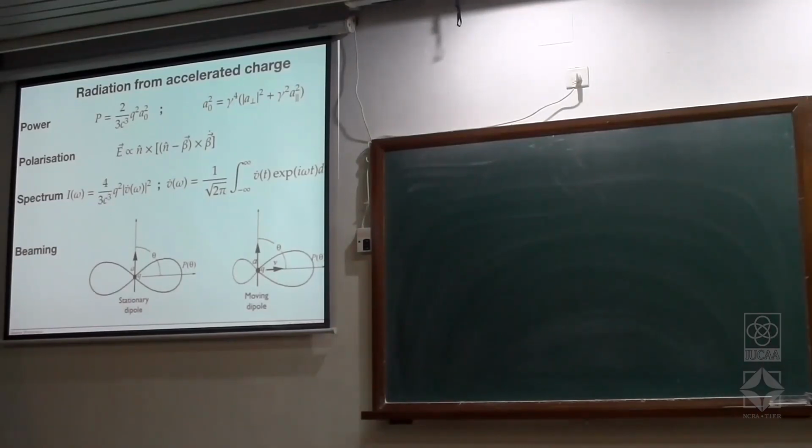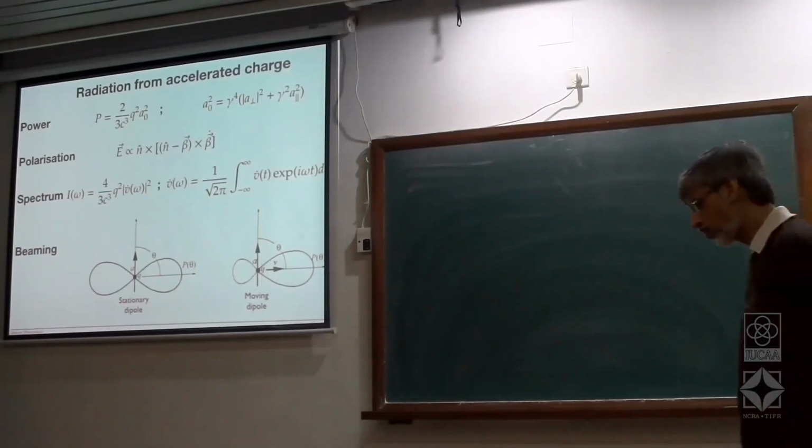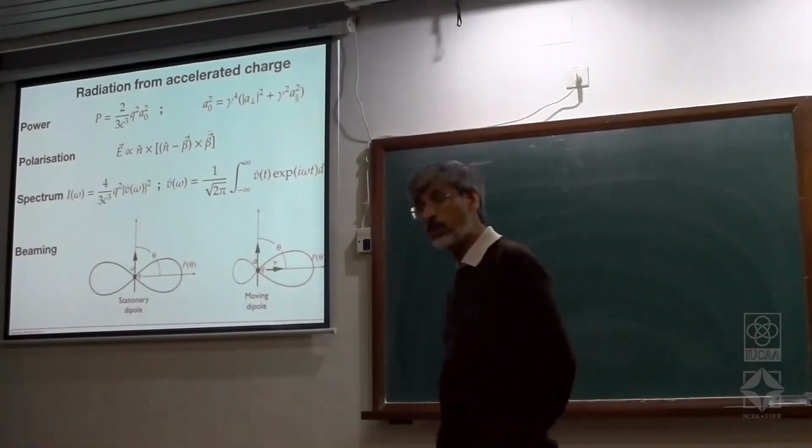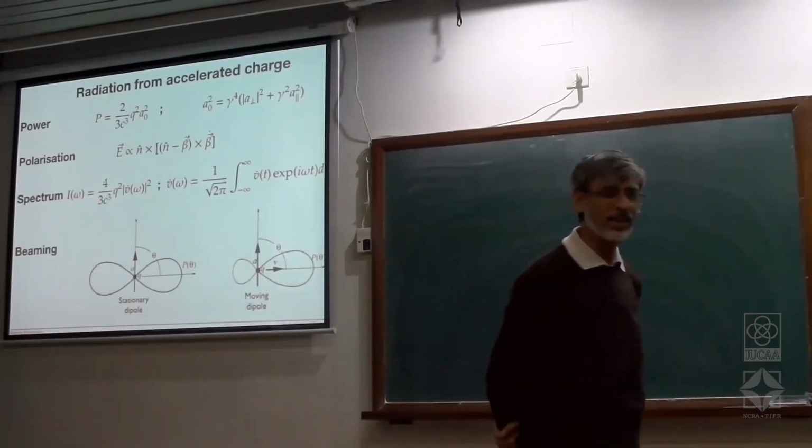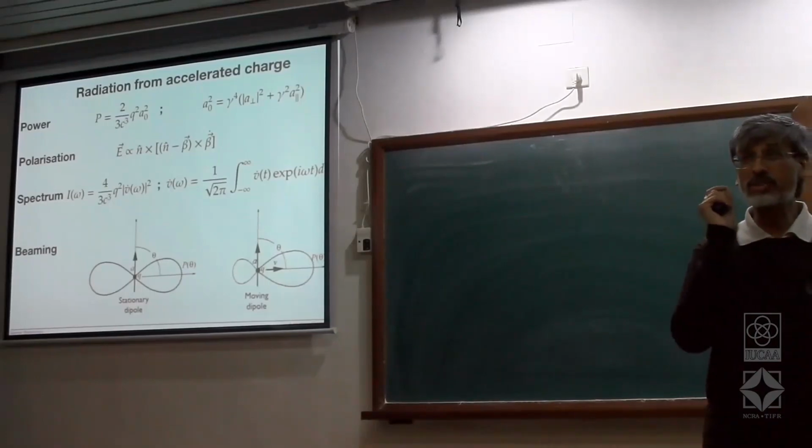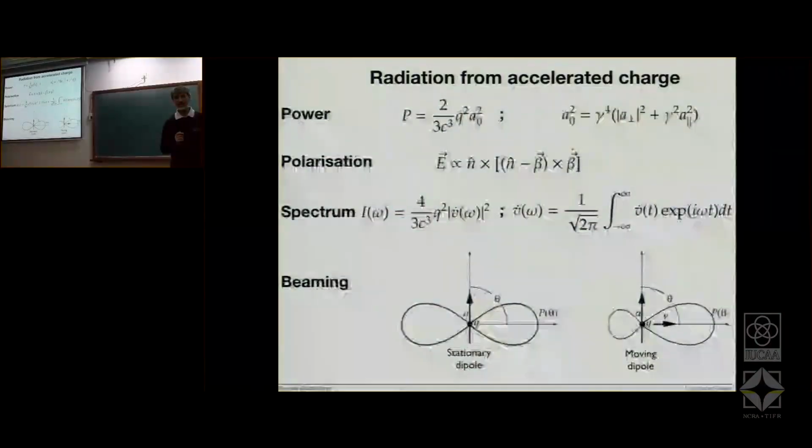But there is no situation where from a cosmic source you are looking at an emission from a single charge. You are always aggregating emission from a large number of charged particles. And this large number of charged particles will be distributed over a region, and they will have their own independent velocities and independent accelerations.